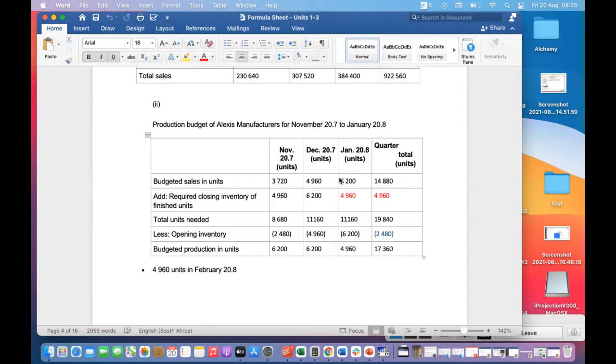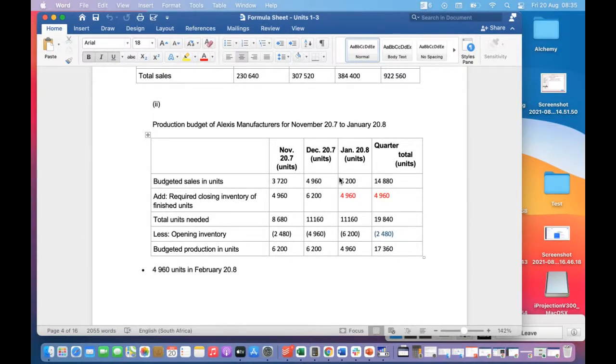Cool. Then we say, what is the total units needed for the quarter? Again, over here, the total budgeted sales units for the quarter, plus the required at the end, will give us this 19,000.